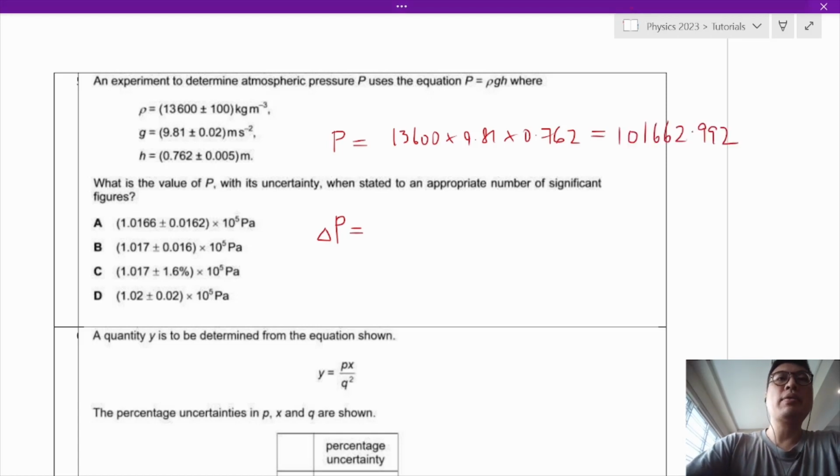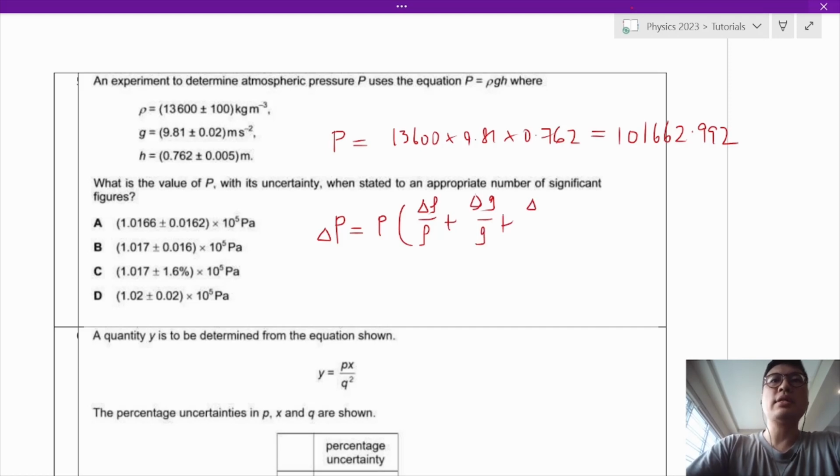Once you're used to the uncertainty equation, we can immediately write down that the uncertainty of the pressure will be the pressure multiplied by the uncertainty of the density, the uncertainty of the gravity, and the uncertainty of the height. So we don't have to use too many decimal places to do this. We can straight away write down the values.